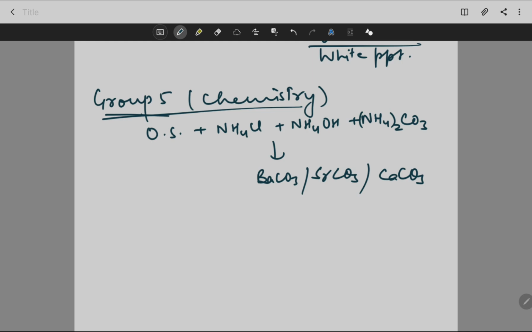So what is the reaction taking place here? It is the barium or strontium or calcium containing salt, and we added ammonium carbonate to it. So ammonium carbonate will precipitate it as the respective barium carbonate or strontium carbonate.